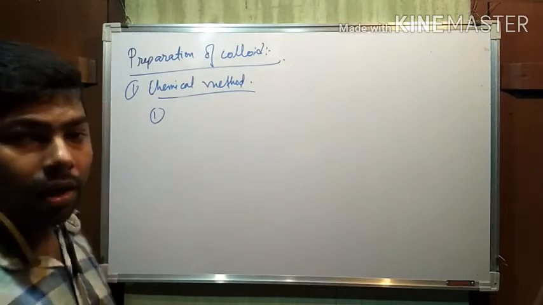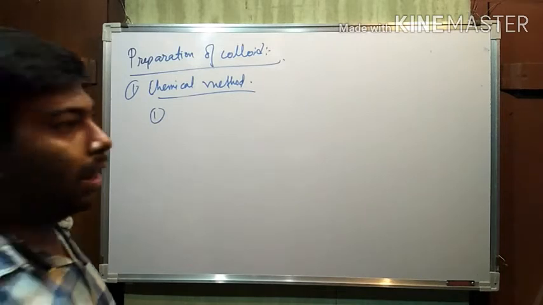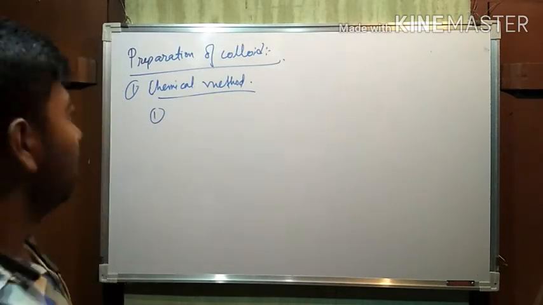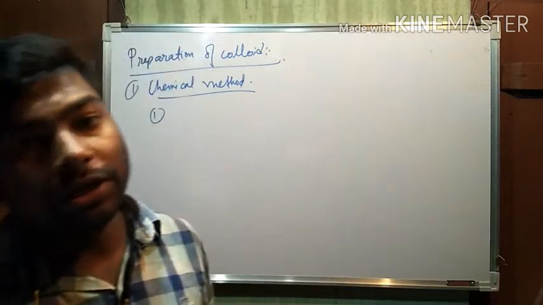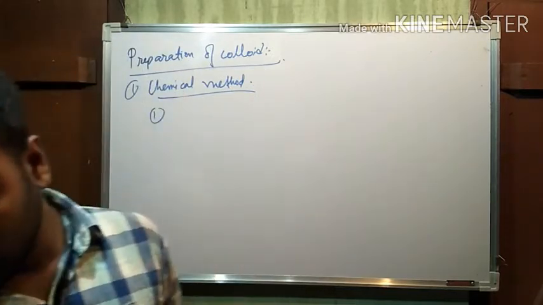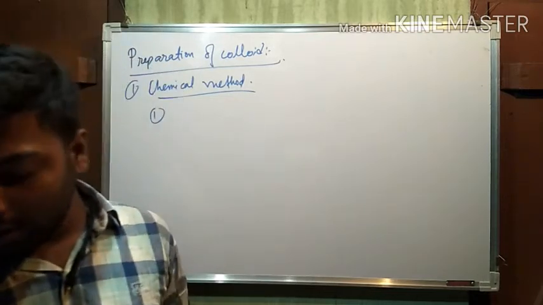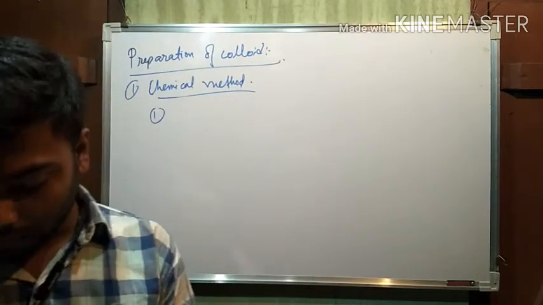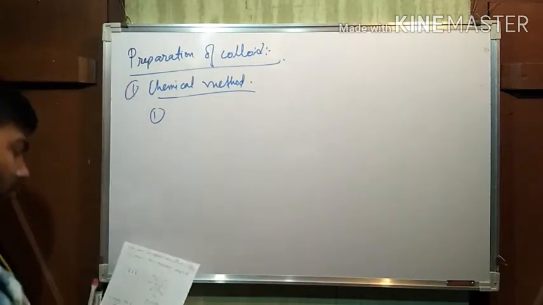Now the next topic is the preparation of colloid. Now how we can prepare the different types of colloid. Colloid can be prepared with the help of some chemical reactions. These chemical reactions may be oxidations, displacement reactions, or hydrolysis reactions. Now see one by one. First, number one, is the double decomposition reaction.